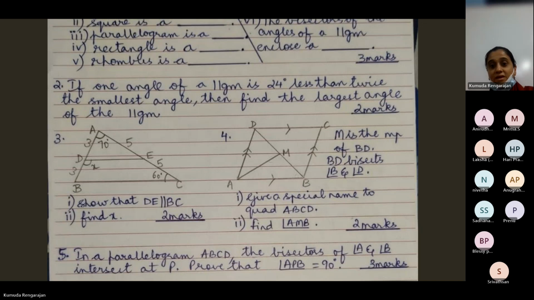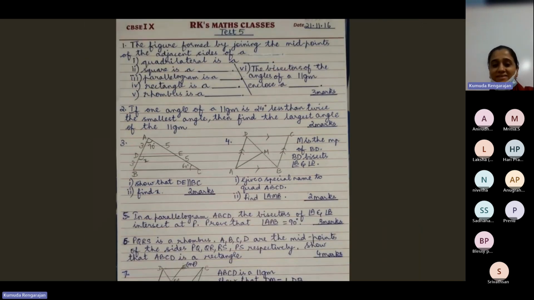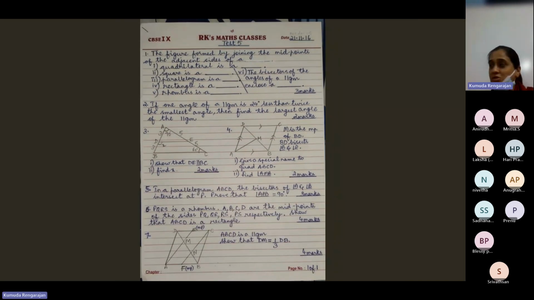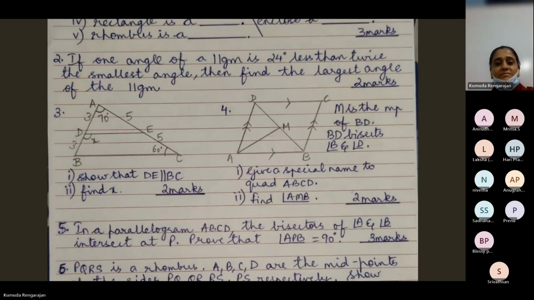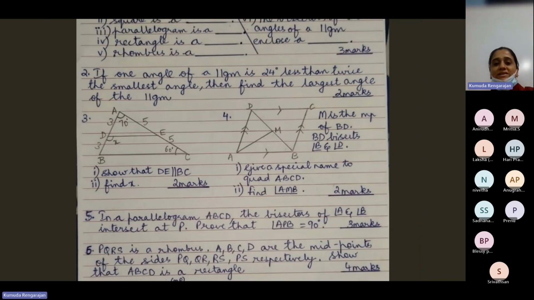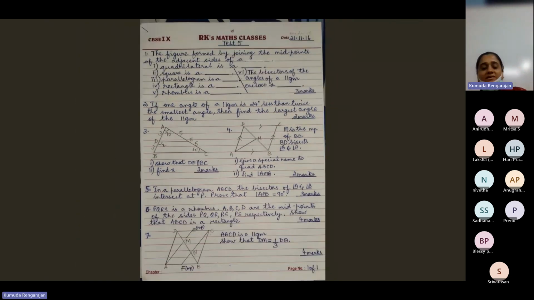Swati, ma'am. Oh, okay, Swati. What's the measure of the largest angle, Swati? Ma'am, 112 degrees. Okay, fine. I'll just work it out, and we'll see if I get the same answer as you got.